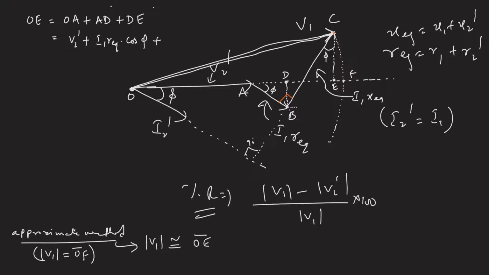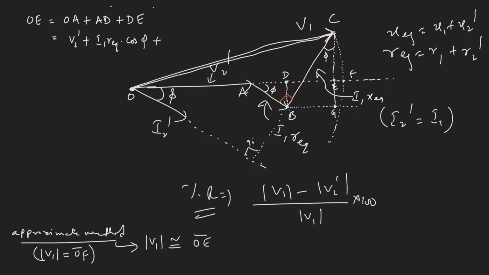If I draw one more horizontal line like this and extend this CE line touching this line, let me indicate the points E, F, G. So DE is also equal to the length BG.